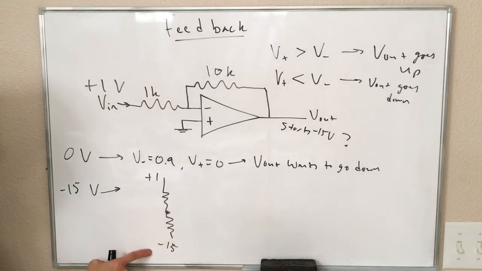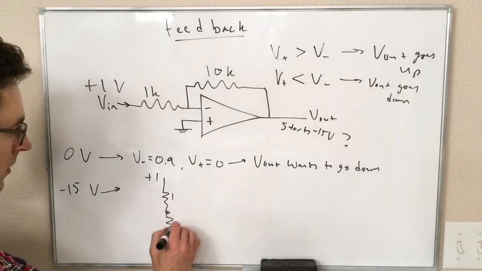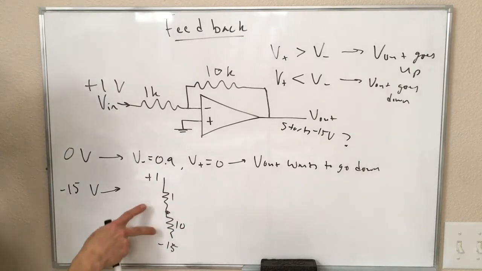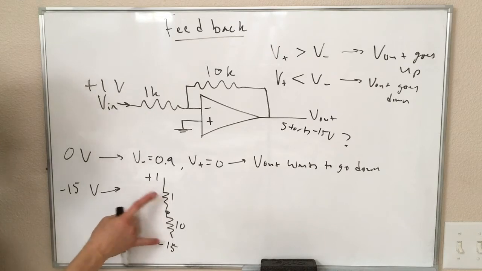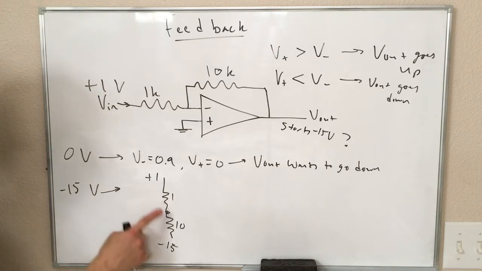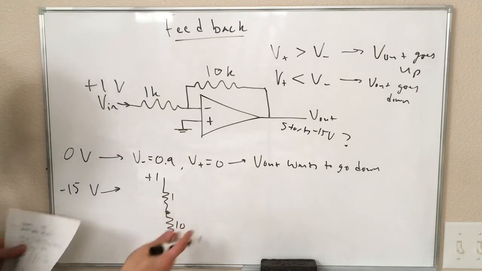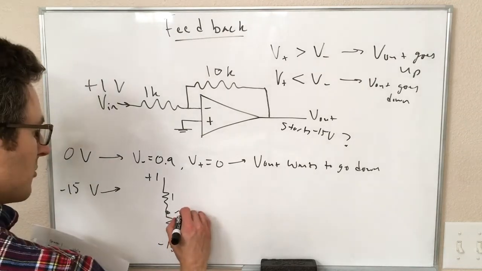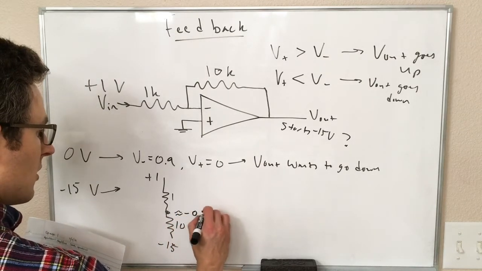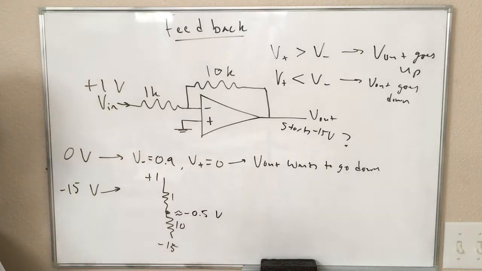This is going to be 10/11ths of a 16 volt difference, plus minus 15 volts because it's going to be that much above minus 15. Anyway, this is a good voltage divider exercise if you're not following this. This is going to be approximately equal to minus 0.5 volts.